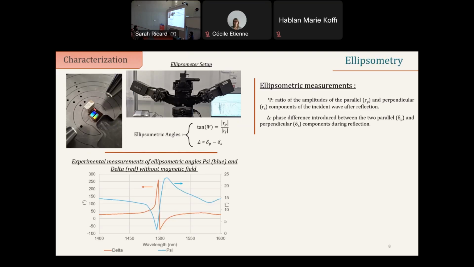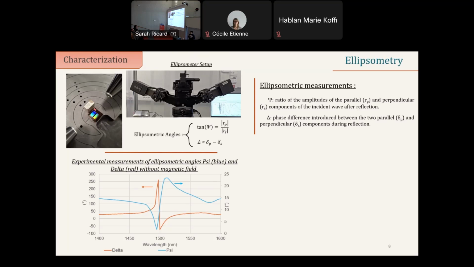As I said, our area of interest is between 1400 and 1600. Here we observe the evolution of the two ellipsometric angles psi and delta, and we have a nice effect around 1500. What is interesting is to observe that we have a huge shift, a huge effect.